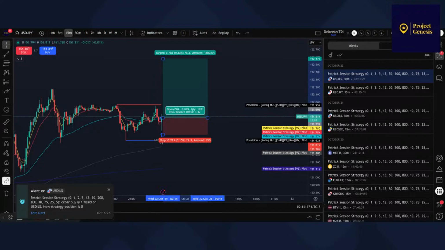Stop loss, it's going to be 151.617. That's for 22 pips. And take profit is 152.577. It's going to be for 79 pips.